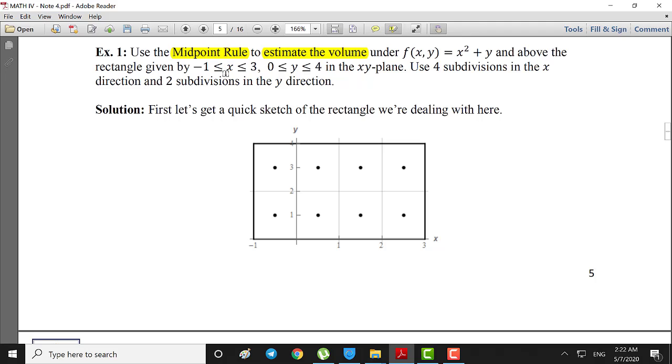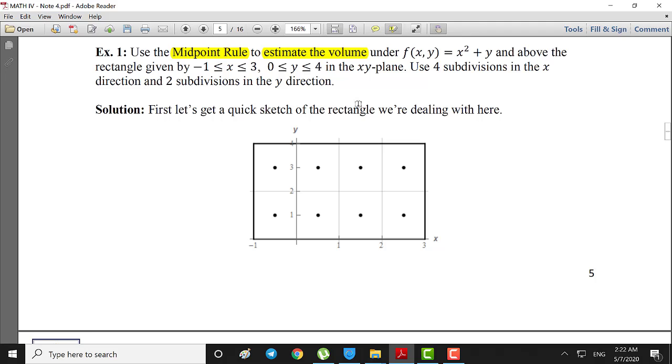And the meaning of using the midpoint rule here is to choose the midpoint of each of the smaller rectangles in order to do the estimation. So let us get on to the solution.